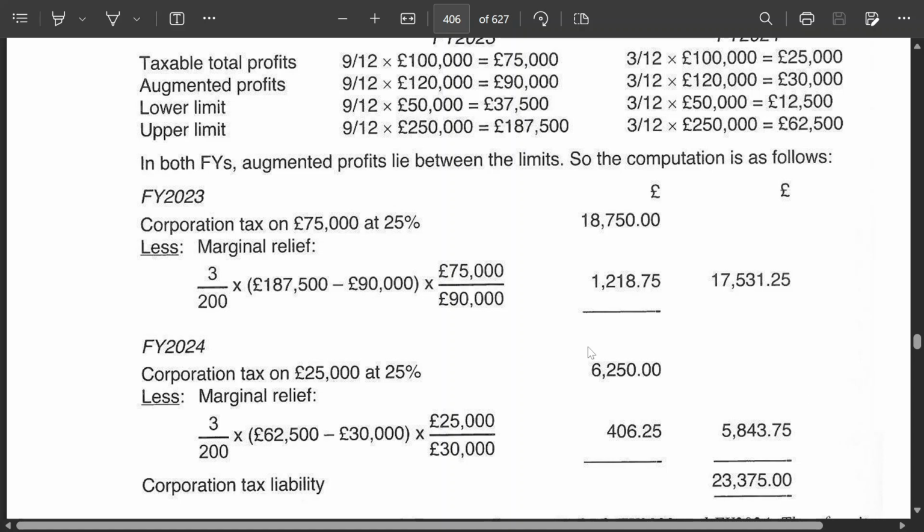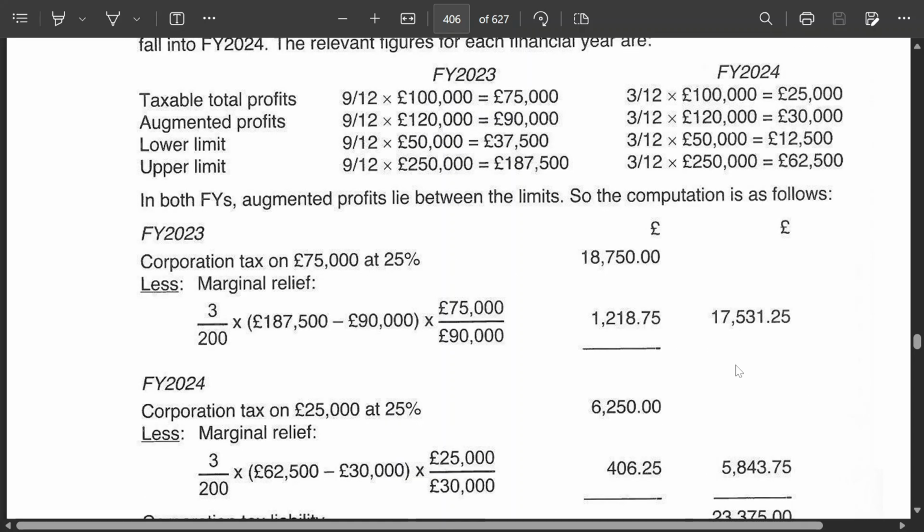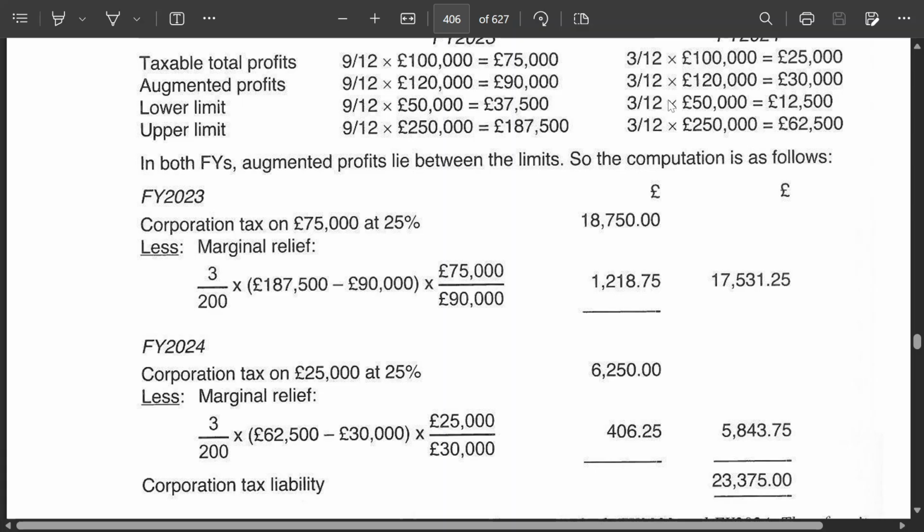Okay, so FY24, you'll see that, yeah, we can just do this one. Well, it doesn't capture the full thing, right? So the right side is FY24. So you see once again, the first term will be the TTP, 25K into 25%. Okay, that's this much minus the second term. The second term is this upper limit minus AP times TTP by AP.